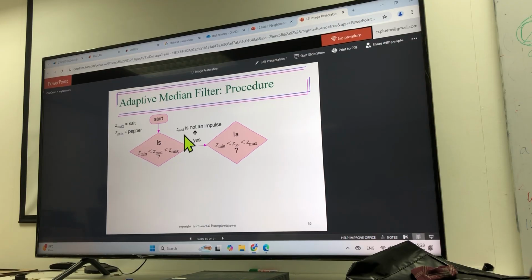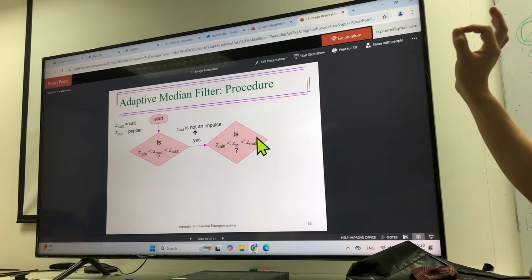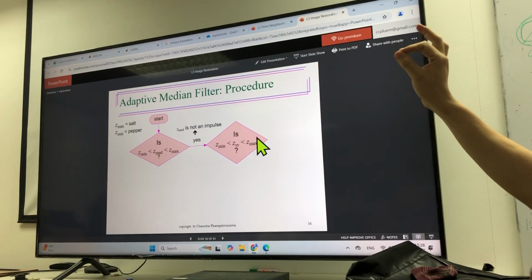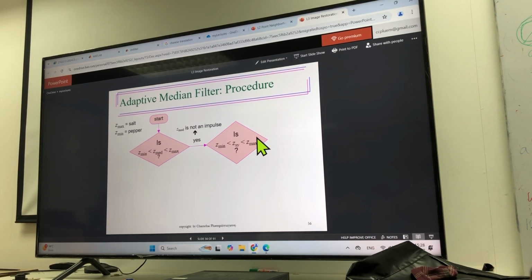Then you check whether the median value is an impulse; impulse in this case means salt or pepper. If it's not salt or pepper, the window is just right, and you check the value in the middle, z of xy.